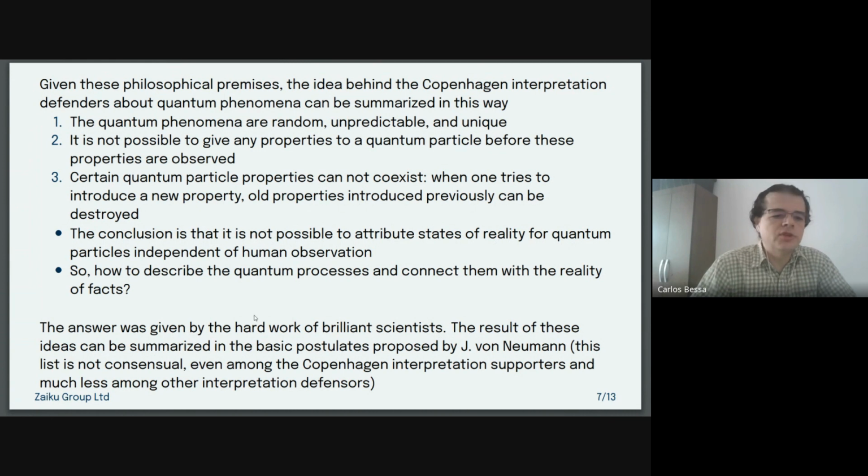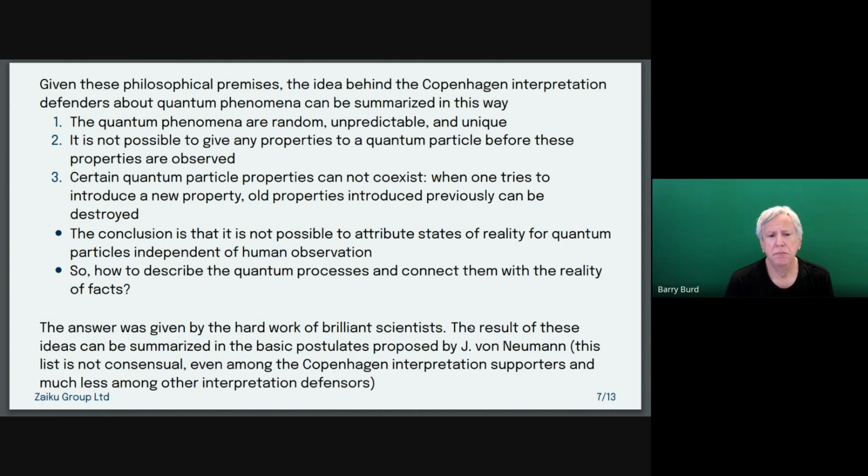And the result of these ideas was summarized in physical postulates proposed by von Neumann. And just an observation: the list that I'll show now is not consensual, even among Copenhagen interpretation supporters, and much less when you consider other interpretation defenders.